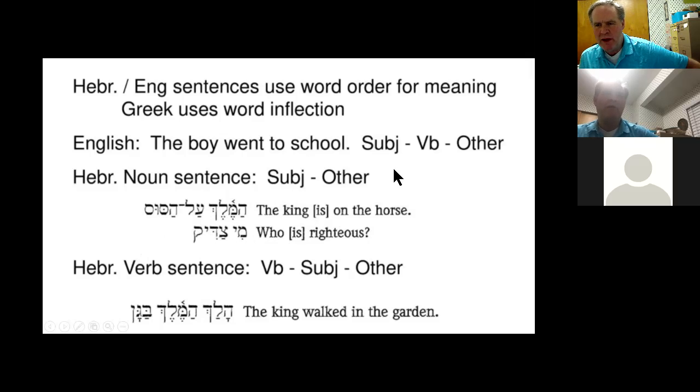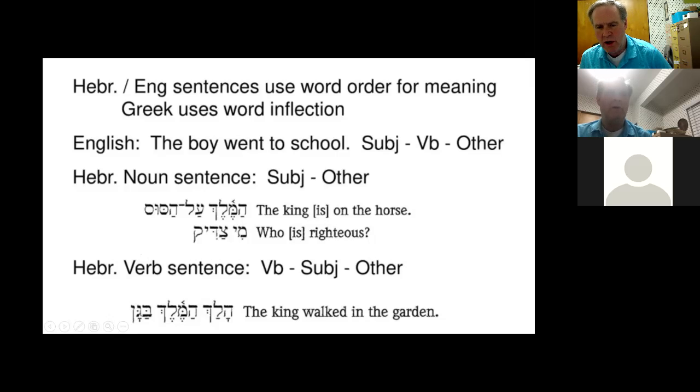The problem happens when we have a verb, because in English, we say the king first, then walked in the garden. Here they say halak, he walked. Who walked? Ha-melech, the king. And then gan is the word for garden, and Hagan would be the garden, and Bagan would be in the garden.